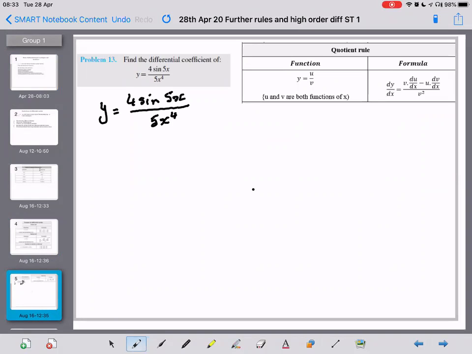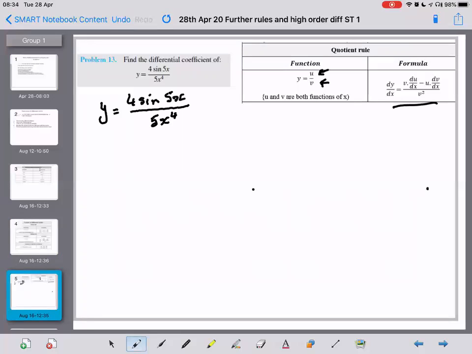Now where it doesn't make too much difference with the product rule, when you're multiplying, you must get u and v the right way round in a quotient rule. You must make the numerator u and the denominator v for the formula to work properly.